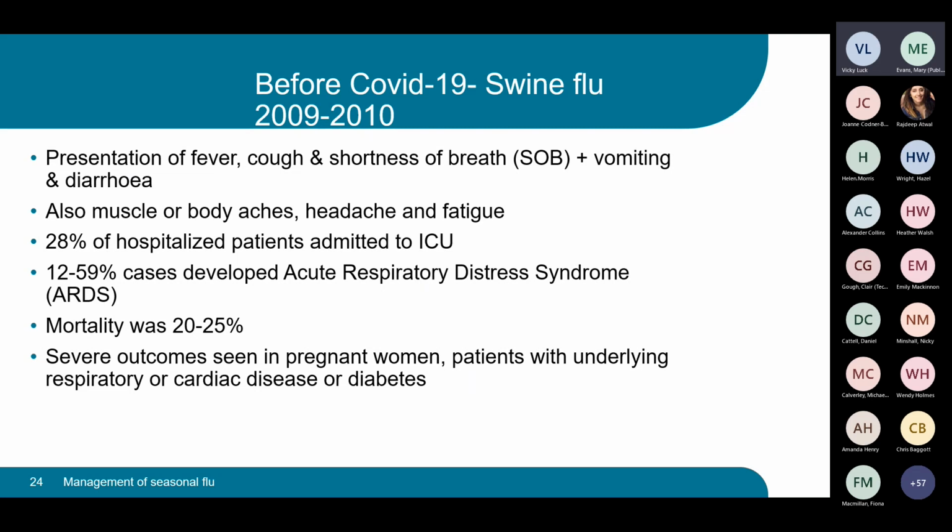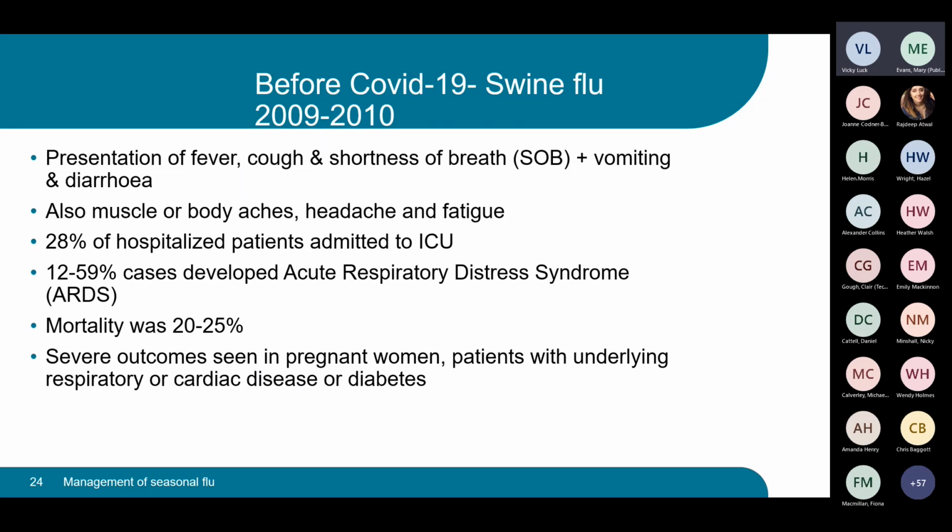So the presentation of swine flu was fever, cough, shortness of breath, and more frequently vomiting and diarrhoea, muscle aches, body aches, headaches, and fatigue. And some interesting statistics: 28% of the hospitalised individuals with diagnosed swine flu were actually admitted to intensive care, and of those admitted, it's quite a broad figure, but between 12 and 59% developed acute respiratory distress syndrome.